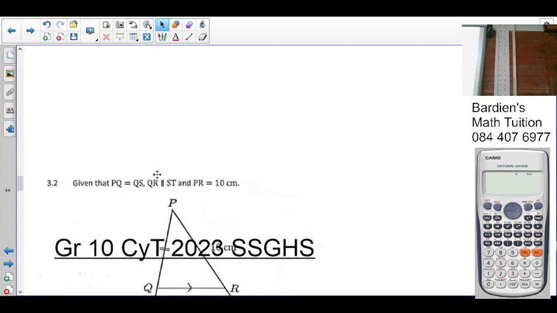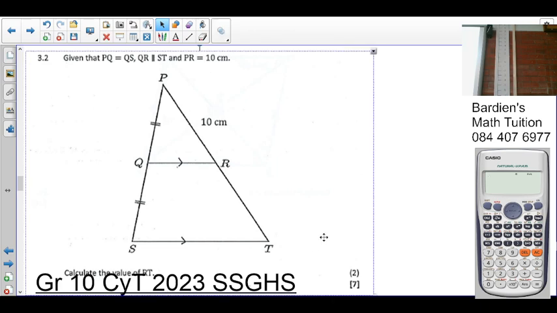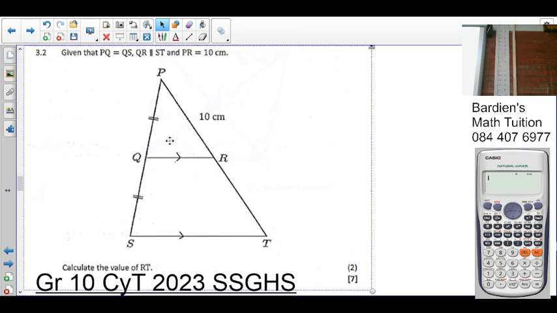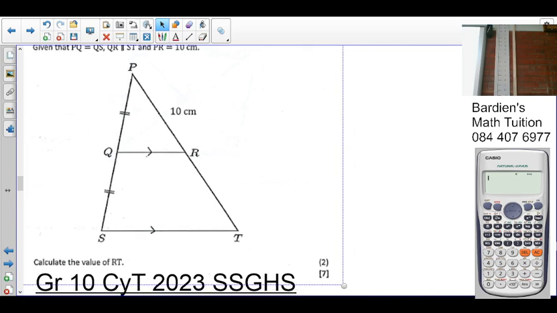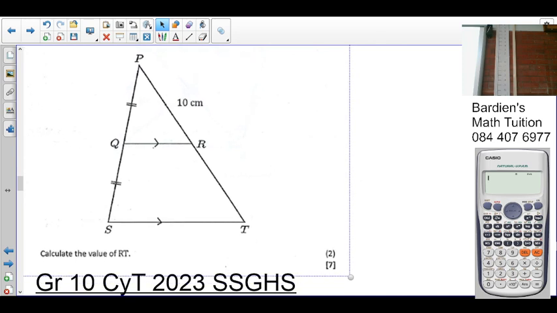People, 3.2. In question 3.2, we are told that PQ is equal to SR. Without going any further, what is coming to mind already looking at this diagram? Midpoint theorem. Then we are told that SR is parallel to ST and PR is 10.